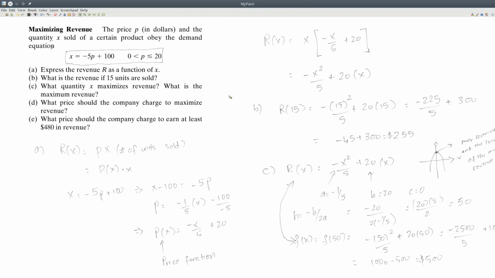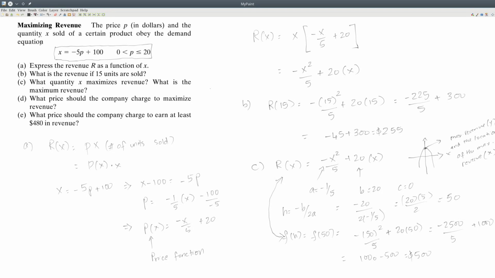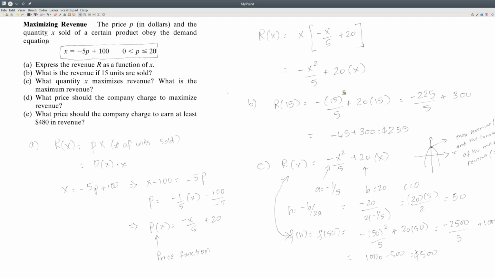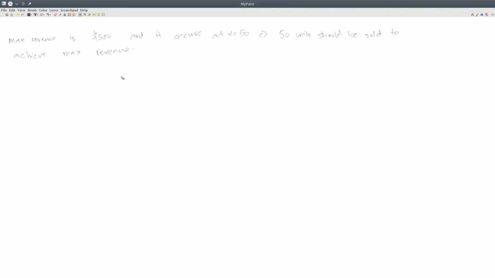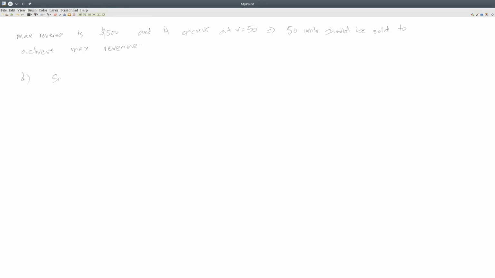Now, what price should the company charge to maximize revenue? And what price should the company charge to earn at least $480 in revenue? So maximum revenue happens at x is equal to 50.